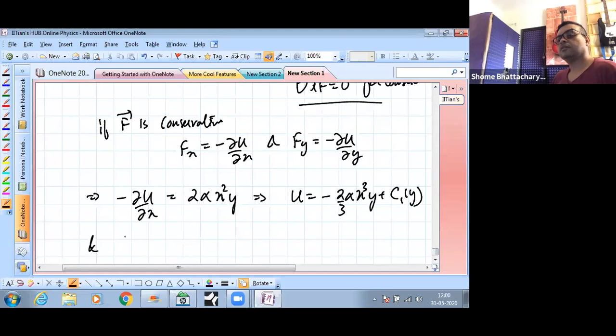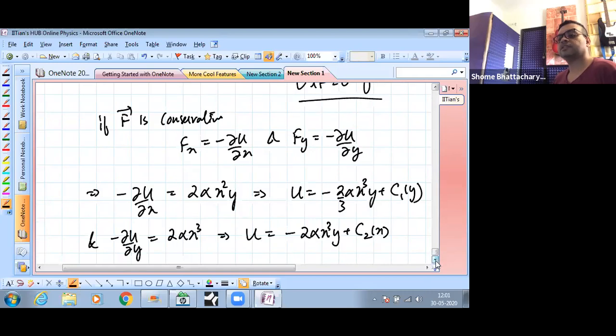And minus del U by del y is equal to the y component, which this time I have taken as 2 alpha x cube instead of 2 by 3. So I would get U as minus 2 alpha x cube y plus some kind of function of x. So now these two have to match.